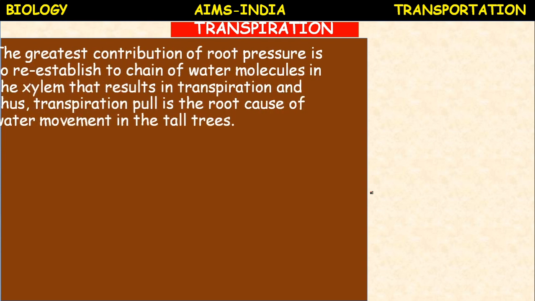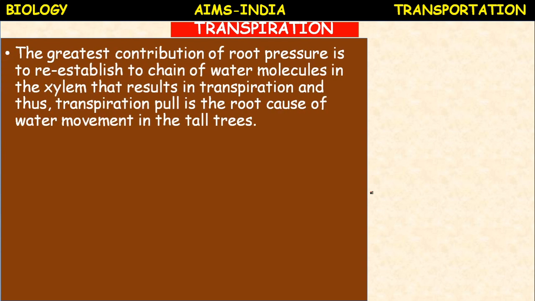Next, transpiration. In tall trees, this is the main force. The greatest contribution of root pressure is to re-establish the chain of water molecules in the xylem that results in transpiration, and thus the transpiration pull is the root cause of water movement in tall trees.